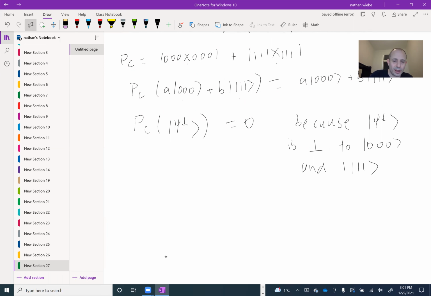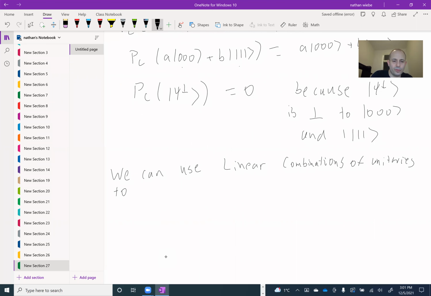Well, fortunately, we actually have good methods for applying projectors like this. We can use linear combinations of unitaries to build PC, or more broadly, any projector.